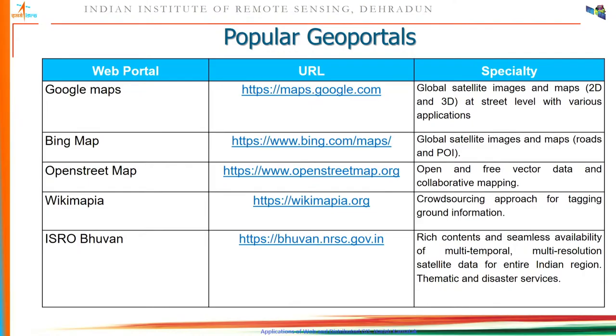OpenStreetMap is another website. You can note down, this is a very popular website for vector data. If you are looking for maps of high scale, like 1:10,000 scale or better, these maps are basically on the infrastructure layer, and if you search their literature, you will find that there are more than 250 map features which are digitized and prepared in this website.